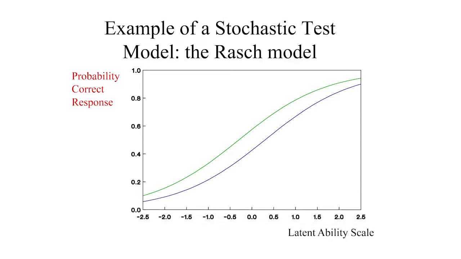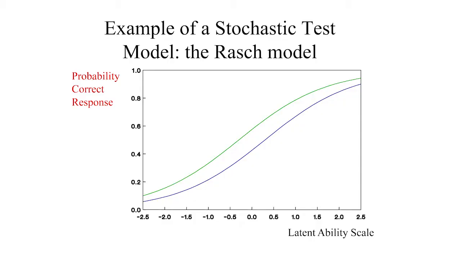So it's monotone increasing in proficiency. Then it says that if you have a very low proficiency, the probability that you get it correct goes to 0. And if you have a very high proficiency level, the probability that you do it correct goes to 1. So that is not sensational. That's what you expect.